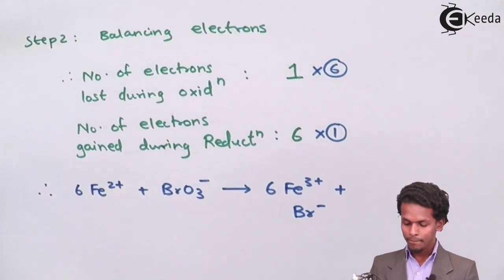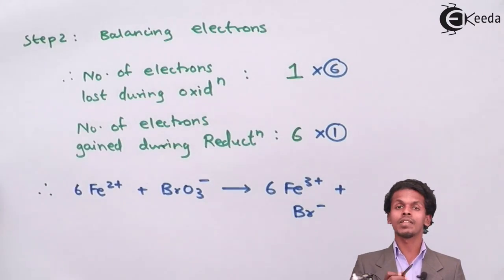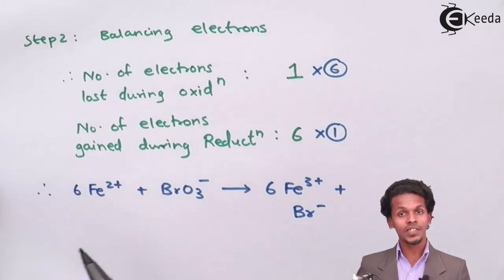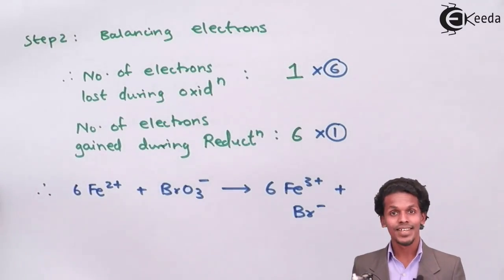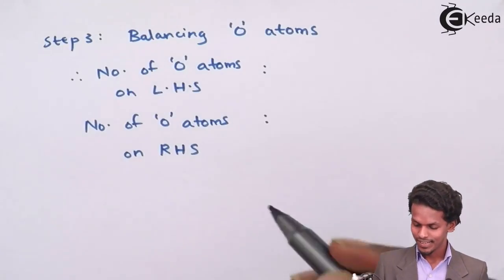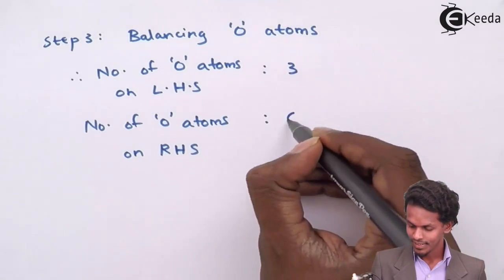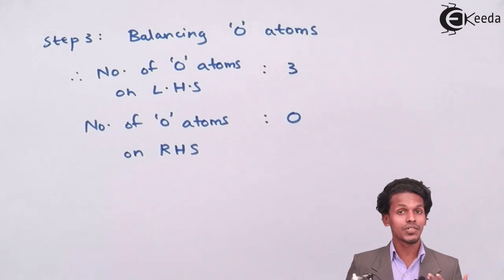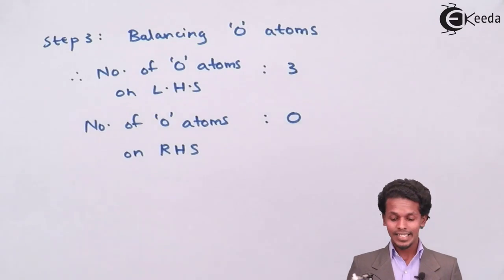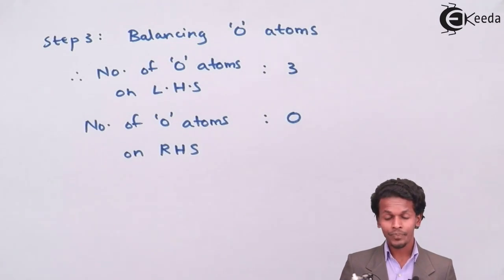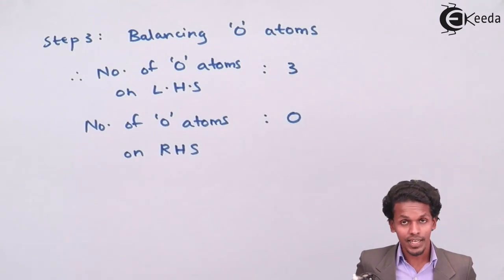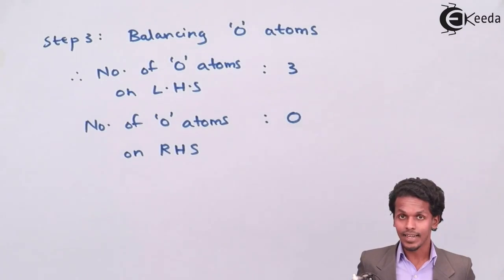The number of oxygen atoms present on the reactant side is 3, while the number on the right hand side is 0. So there is a deficiency of oxygen atoms on which side, reactant side or product side? It is clear by the number itself that the deficiency of 3 is on the right hand side.